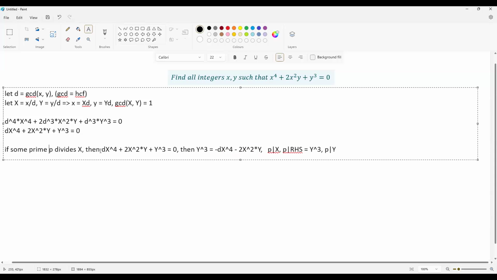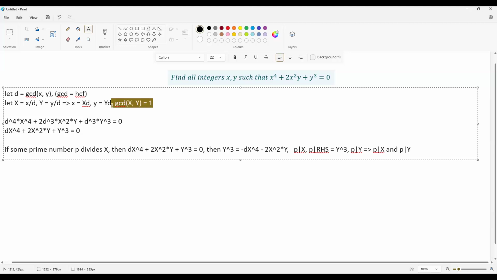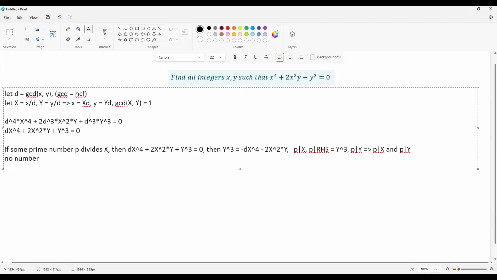Some prime number p. But then that means p divides x and p divides y. But that doesn't work. So therefore, no prime number divides x.